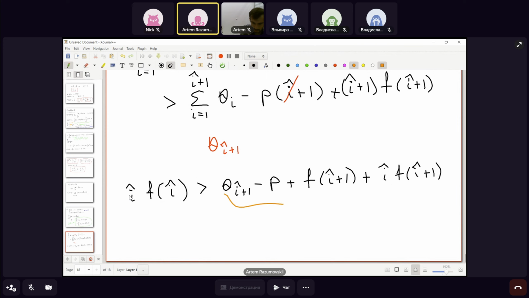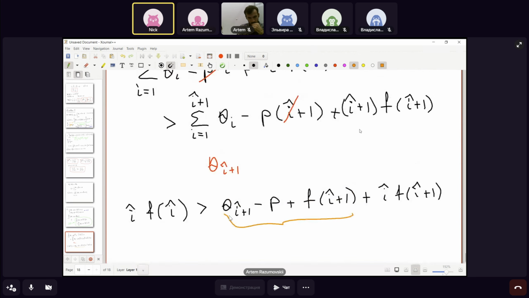So then what is this? Why is it I hat plus 1 in the function?